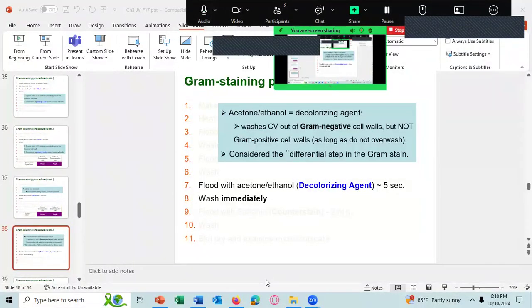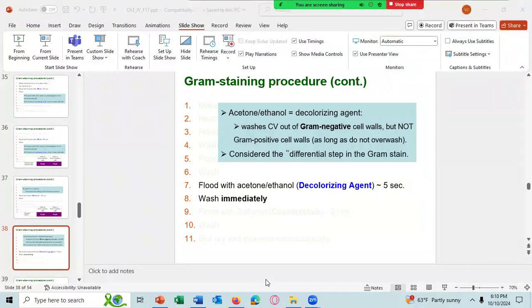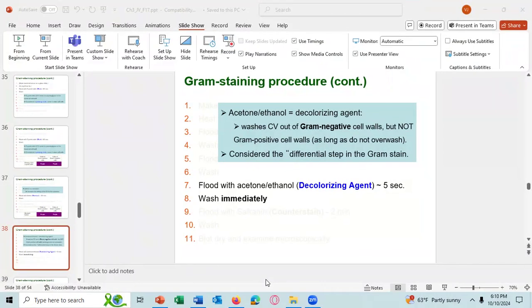So you then wash the slide immediately with cold water. Why it needs to be an immediate wash here is the trace amounts of decolorizing agent on the cells will continue to work. And if given enough time, the decolorizing agent will remove the crystal violet iodine complex from the gram-positive cells.